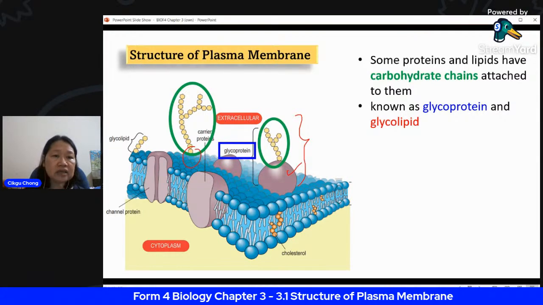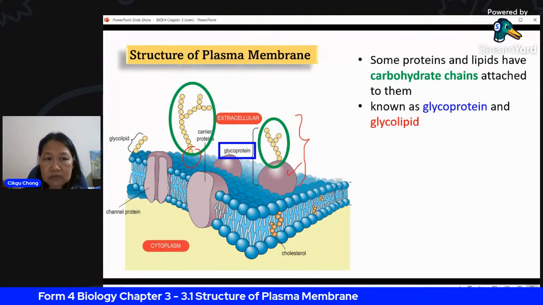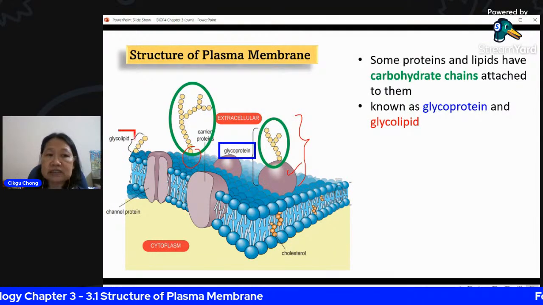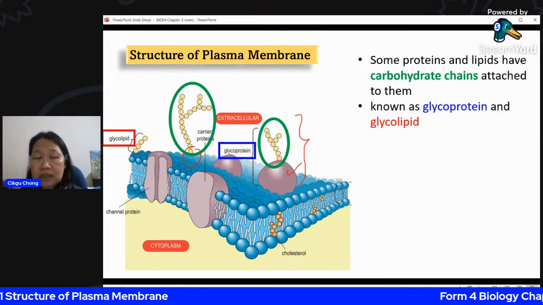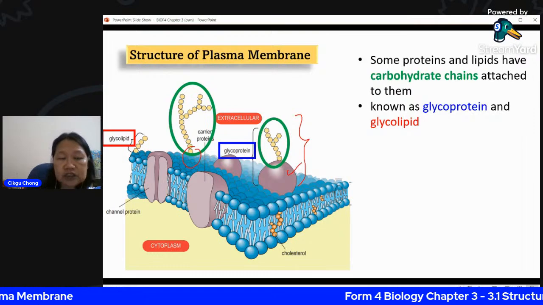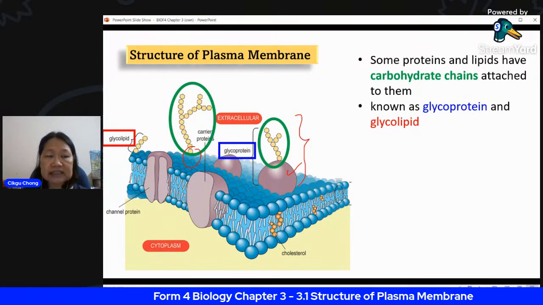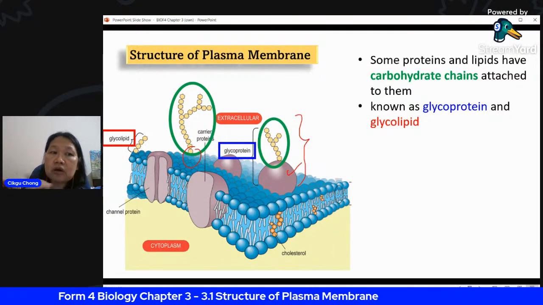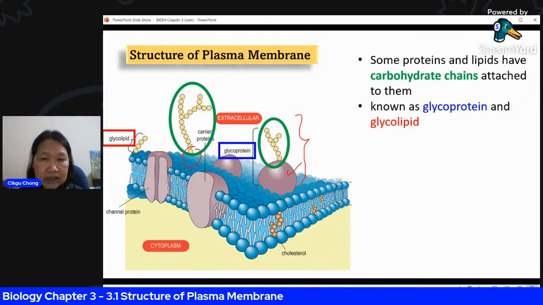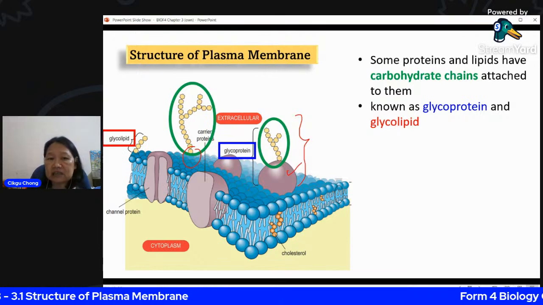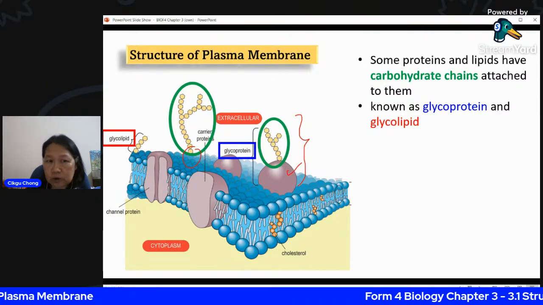So the entire thing is known as glycoprotein. Okay, the other one, you will see there's another type that's called glycolipid because you see it's attached onto the phospholipid bilayer. So that is attached to the lipid. So they call it glycolipid. All right, okay? So you need to know how to recognize which is a glycoprotein, which is a glycolipid.